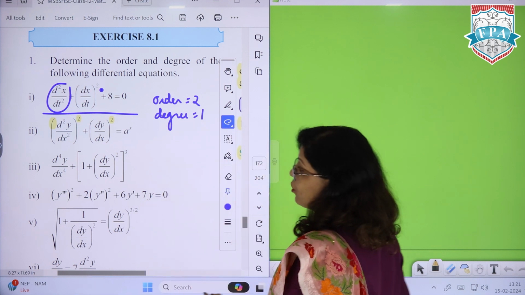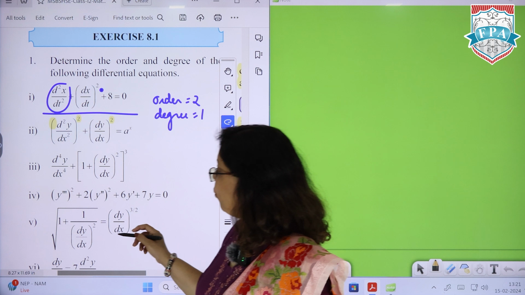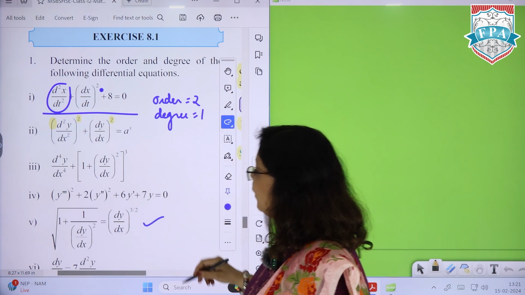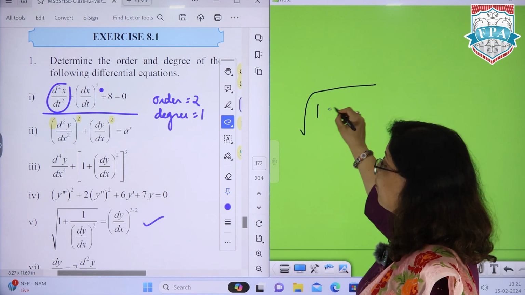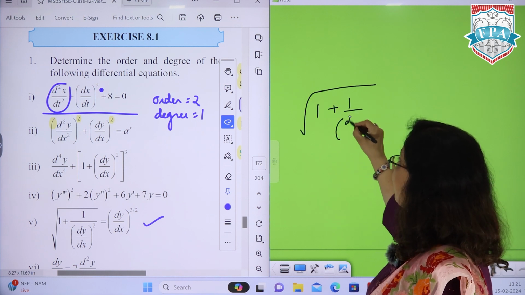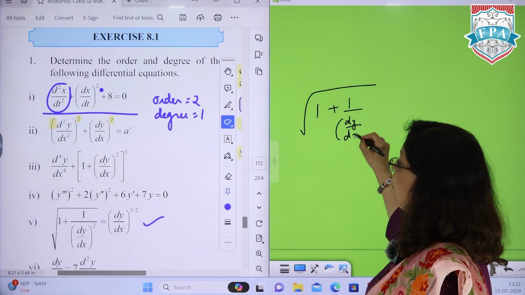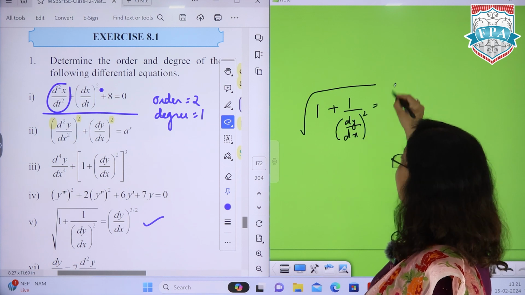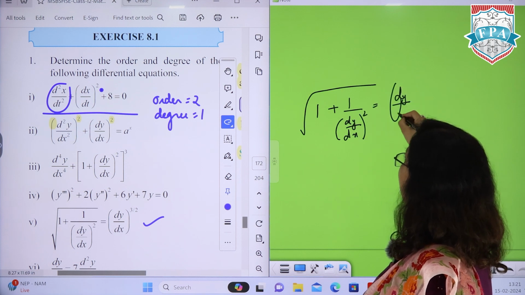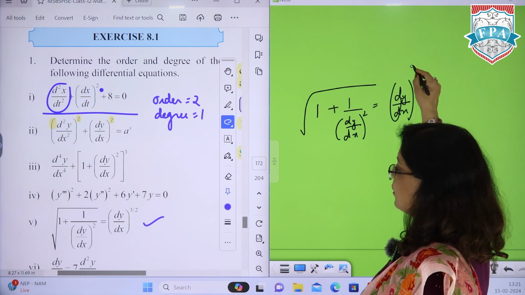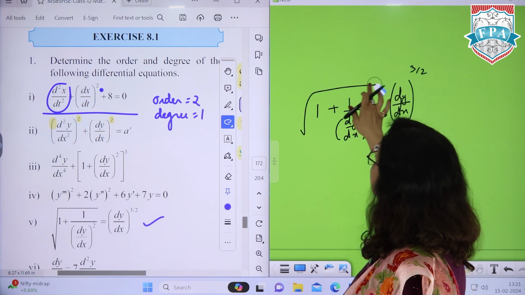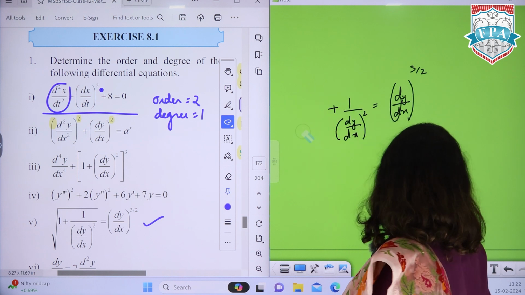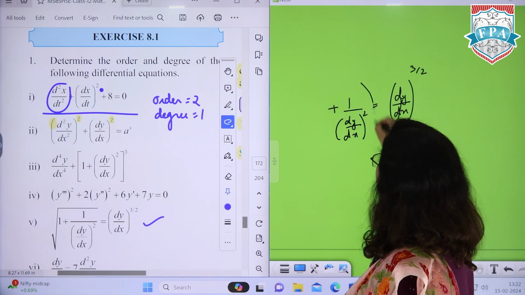Now let's see one more question over here, which is dealing with this particular part, under root this. Why am I taking this? Because first you have to simplify this to a proper term, so that dy by dx is not there in the denominator and you don't have fractions here. So this square root means that it has the power 1 by 2. So what will we do?